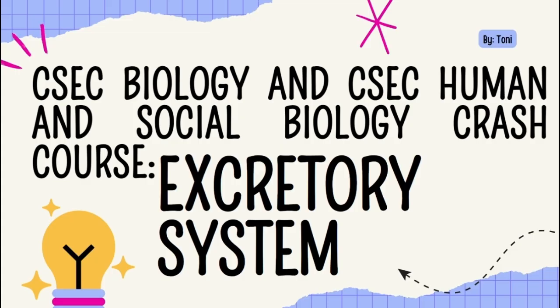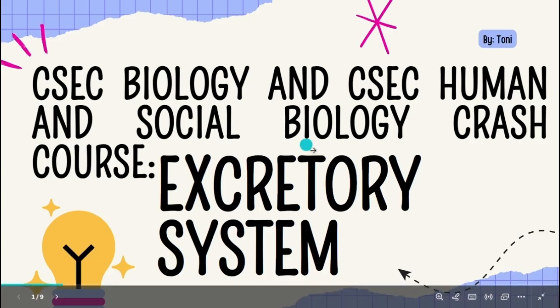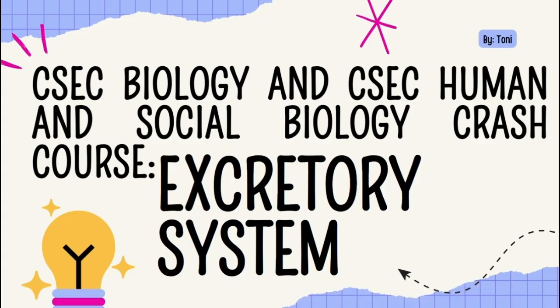When we do Biology, we never really see the excretory system come on the exam like that. Obviously, it is a part of the syllabus for CSEC Biology, but we never really see it pop out like that, because CSEC Biology is a lot broader, and CSEC HSB is more zoomed in on the human body, right? So that is why it would show up more in HSB.